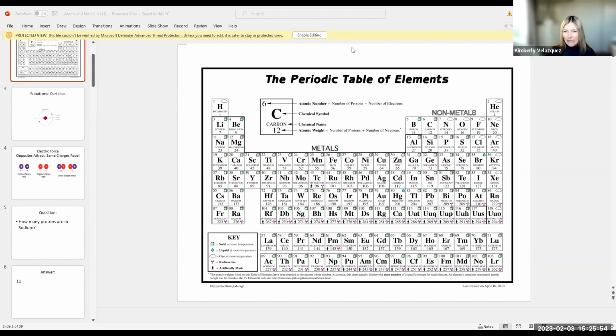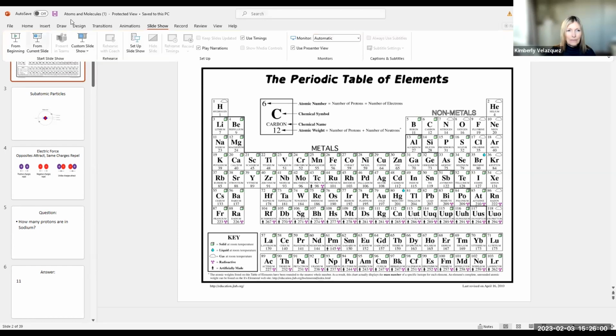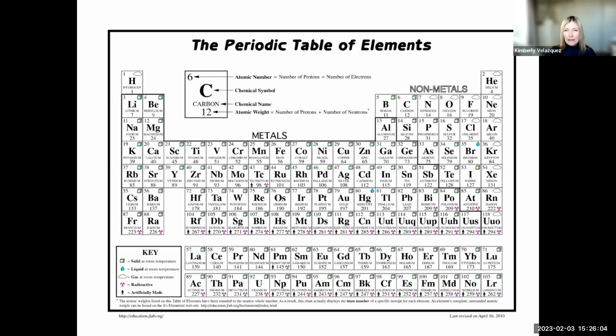This is the periodic table of elements, and I'm actually going to make it even bigger here. There we go. And this contains all of the naturally occurring and man-made elements. They are all different in that they all have a different number of the 3 subatomic particles that we're going to talk about today.